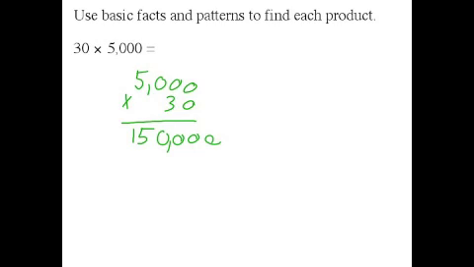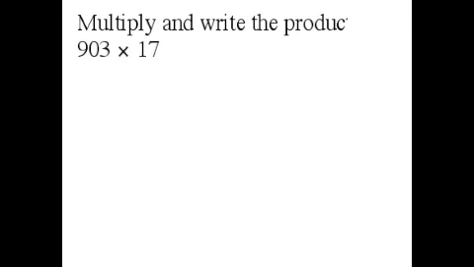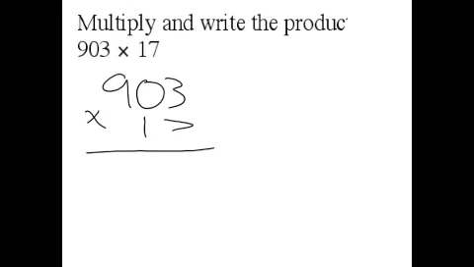This question is brought to you by Trenton and Brendan. Multiply and write the product. 903 times 17. We multiplied 3 and 7. We got 21, so we put the 1 down and carried the 2. We multiplied 7 and 0. You can't do it, but we added the 2, so we put the 2 down. Then we did 9 and 7, which is 63.